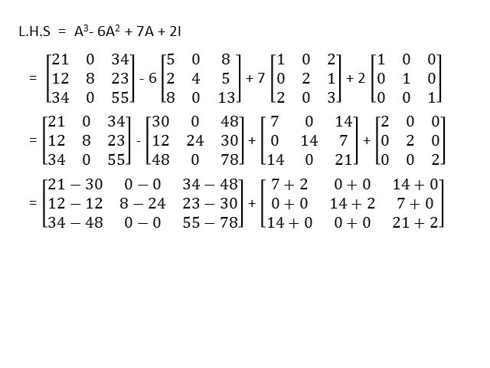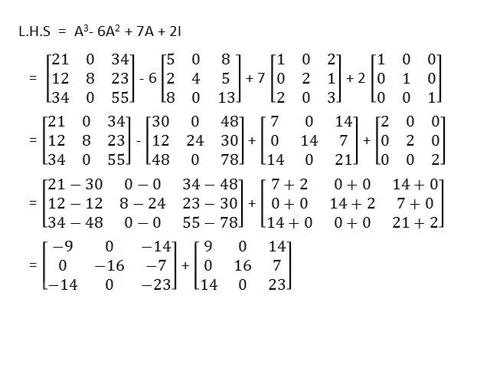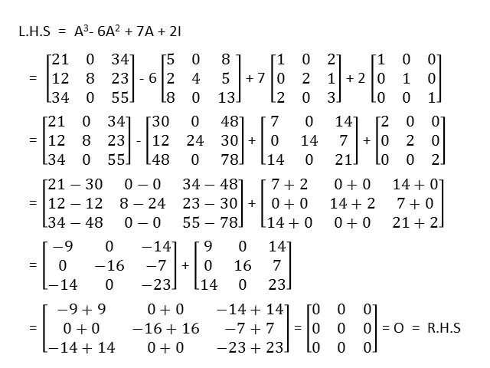After applying these two operations, we get two matrices as shown. Adding the corresponding elements of these two matrices, we get a matrix with all elements 0 known as null matrix. So we have proved left hand side equals to right hand side.